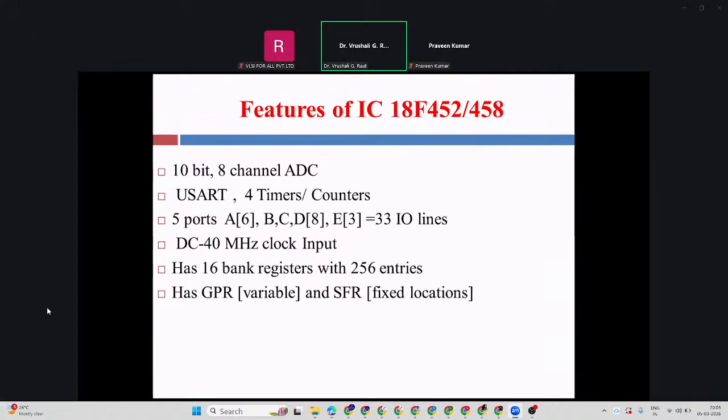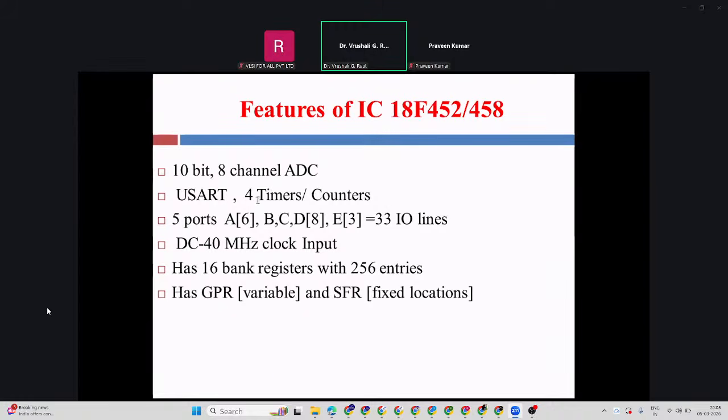And how many channels, how many different analog signals can you check for? 8 analog signals you can check for, right? So you can deal with 8 different inputs. You can give them to your ADC, and one by one, by sampling, it will convert them to digital and will be available as the input.